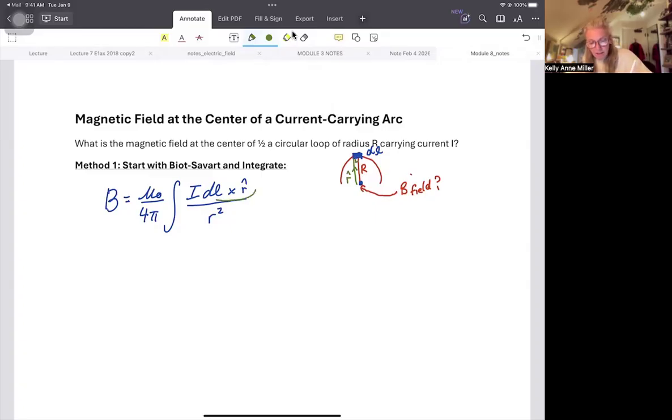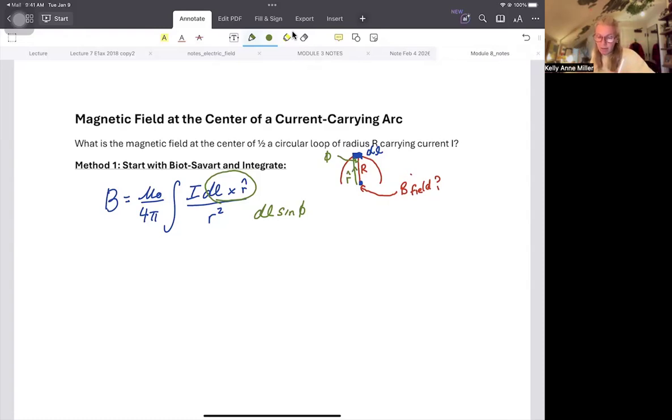So the cross product between DL and R hat is just basically DL times sine theta. Or let me call it something different. Let me call it phi. If this angle here was phi, that's the angle between R hat and DL.